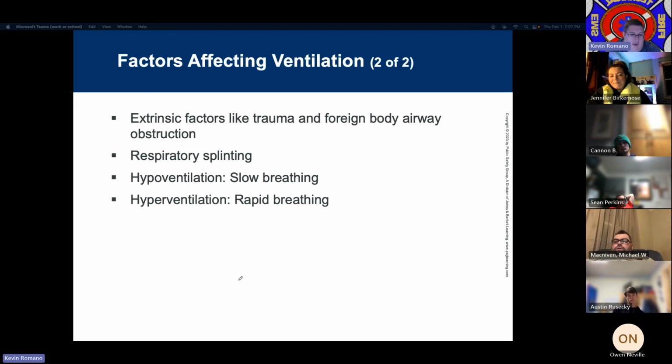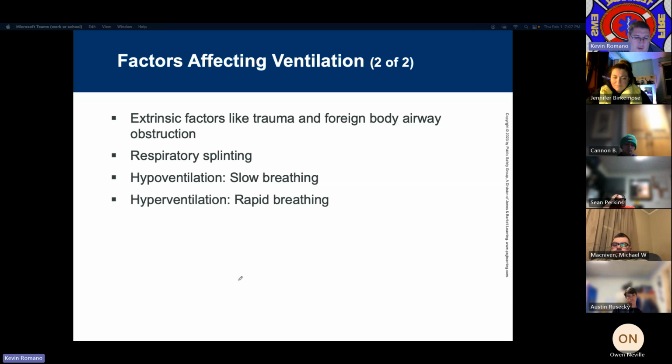Hypoventilation and hyperventilation could represent the body's attempt to compensate for various abnormal conditions. Alkalosis, high blood pH, or acidosis, low blood pH. Okay. Decreases or increases in minute volume can result in problems with carbon dioxide levels in the blood.